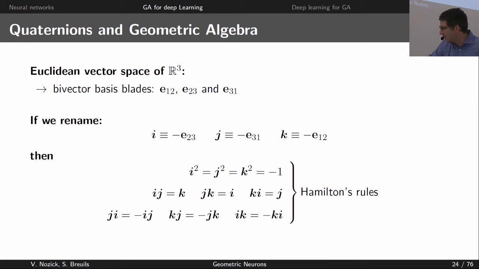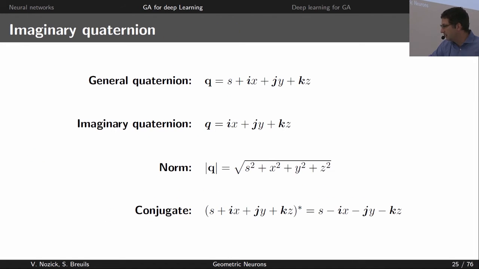And so now the question is, okay, well, before, the questions were just some definitions, but only the first two are interesting. A quaternion can be just like we said before, but we can also have an imaginary quaternion that just has these three parts without the scalar. And we can norm them, conjugate them, or invert them.